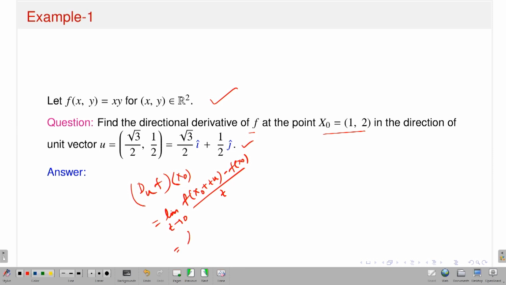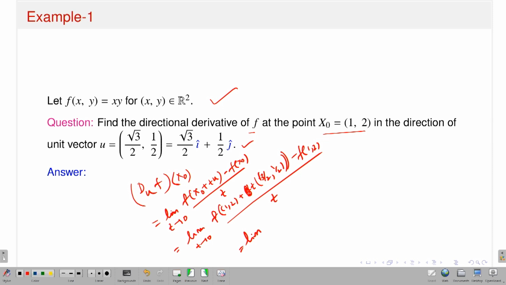So this is the limit as t approaches 0 of f of 1 comma 2 plus t times u, where u is given as root 3 by 2 comma half, so t times root 3 by 2 comma half, minus f of 1 comma 2, divided by t.